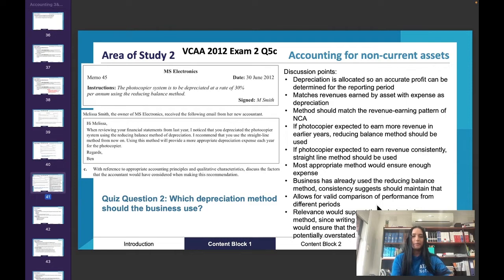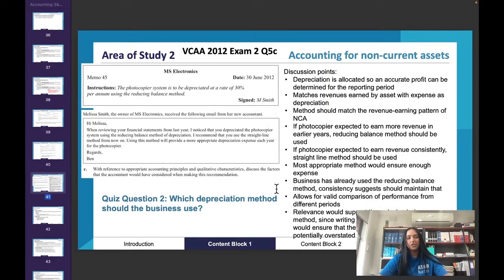The business has already used the reducing balance method, and so the business might want to support consistency and make sure that the reports are comparable, which supports comparability, because obviously if we've been using a particular method, then we want to keep using that method so that we can still compare future reports to previous reports, because when the same method is used, it's easier to compare reports, which allows for a valid comparison of performance and a comparison of reports in different periods.